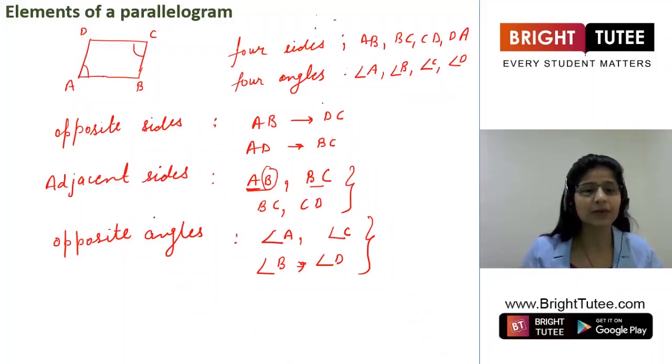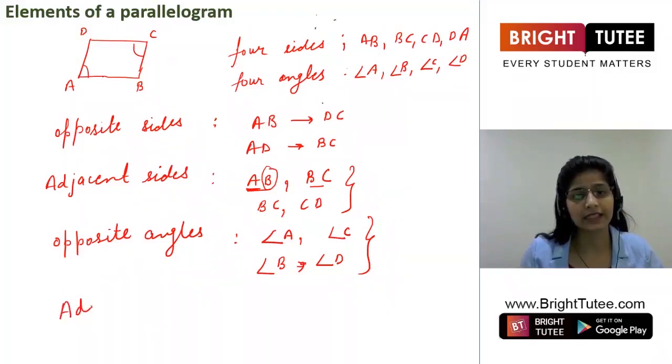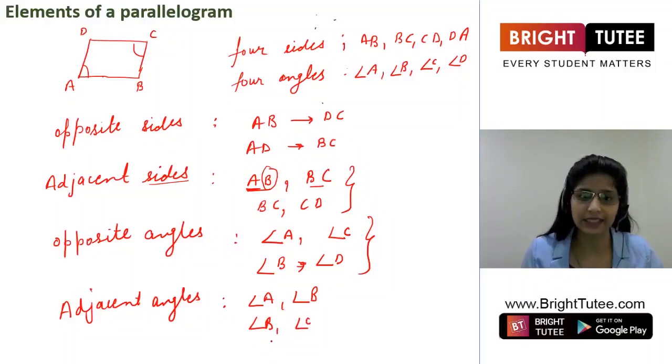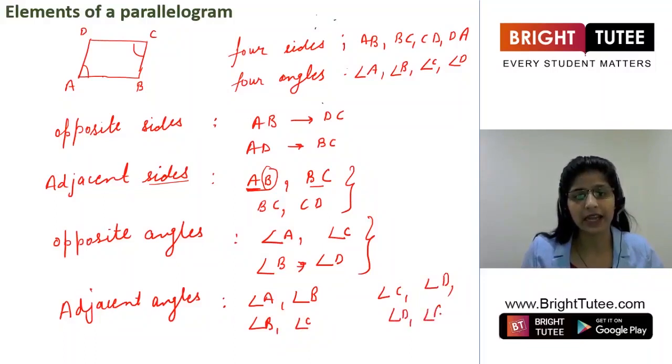Clear? Next comes adjacent sides. We have discussed. Next is adjacent angles. What about adjacent angles? They are lying on the same line. Like on AB we have angle A and angle B. Then we have angle B and angle C as adjacent. Then we have angle C and angle D as adjacent, and we have angle D and angle A as adjacent.